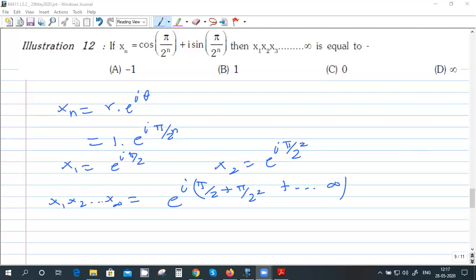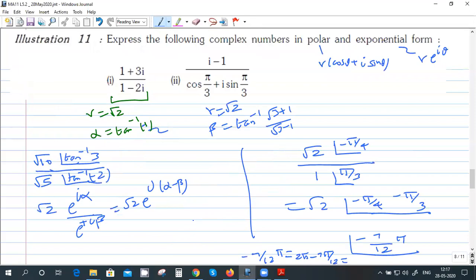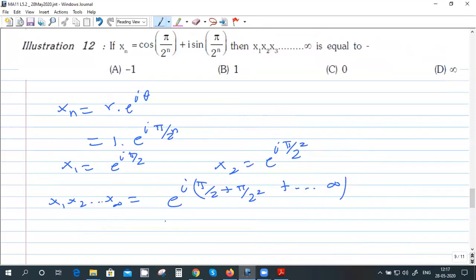Now we just have to sum this up. This is the sum of a GP. You can just use the formula and understand it later. So it will be e raised to the power i, taking pi by 2 outside, times (1 plus half plus so on). The sum of this GP is first term divided by 1 minus r.